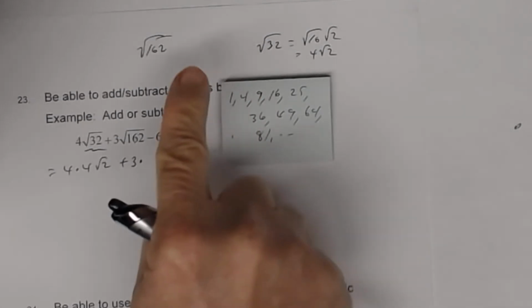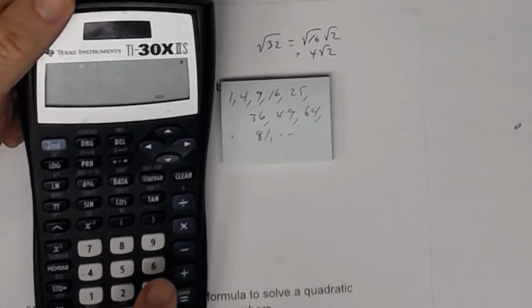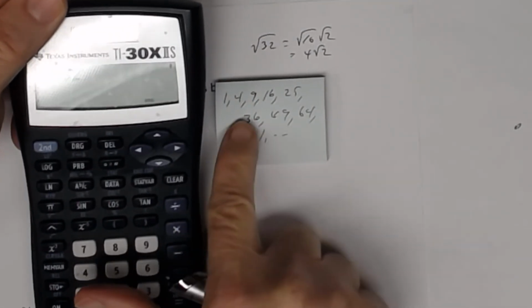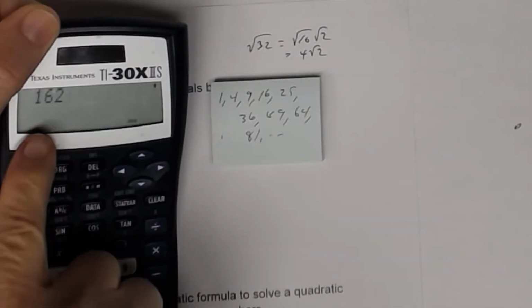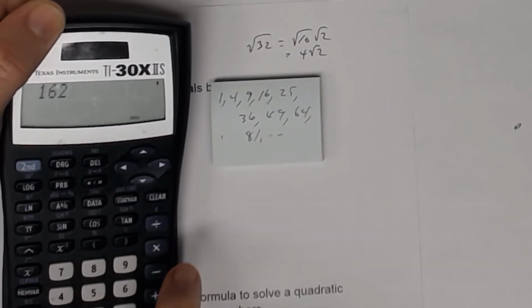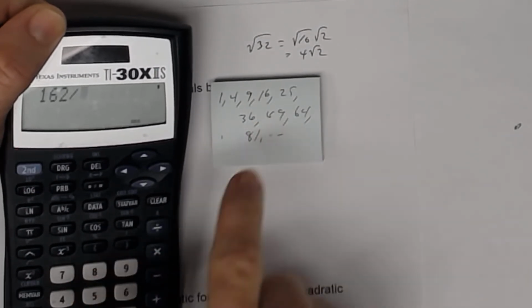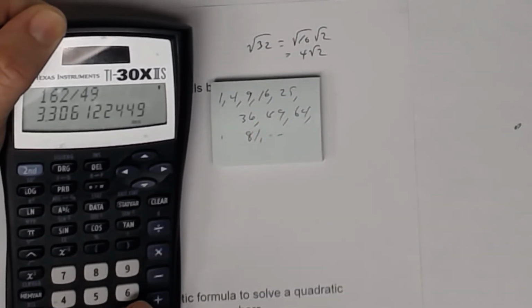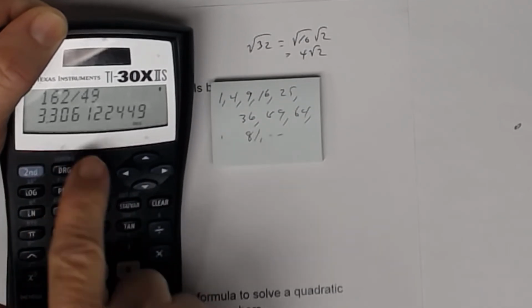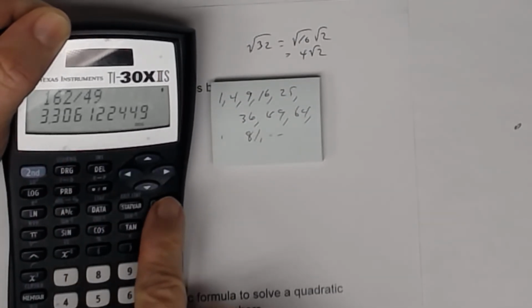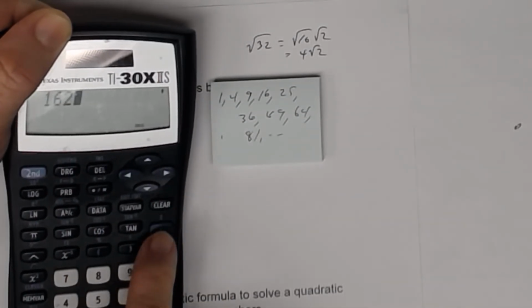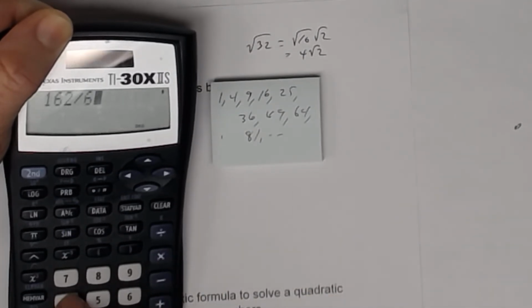So let's look at 162 and see which of these perfect squares will go into 162. So let's divide 162 by, let's say, 49. Let's see if that'll work. Nope, because that's not an integer. You need a whole number. So let's do 162 divided by 64.